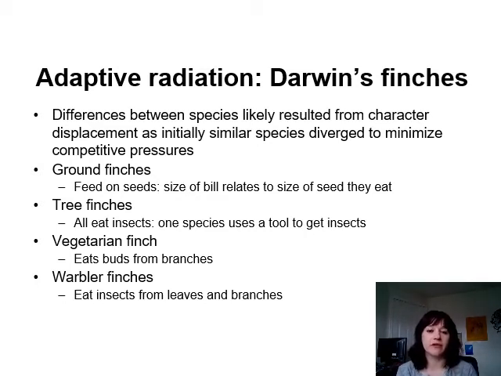So this is when you could have resource partitioning come into play, and some of the birds in that population on that island are going to, for example, feed on seeds. Others are going to adjust and feed on insects or buds on branches, and they're able to do this because of a process called character displacement. Right? Natural selection is enhancing those traits that allow them to use resources differently, and they also are going to look different as a result.